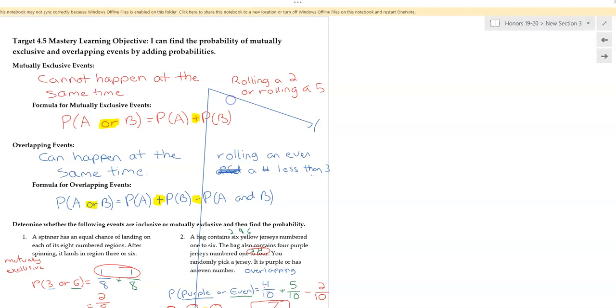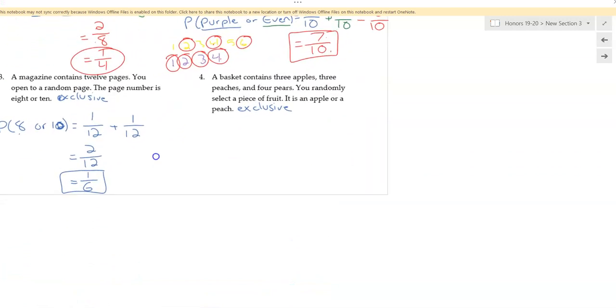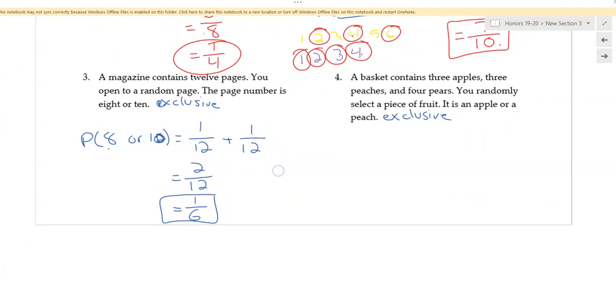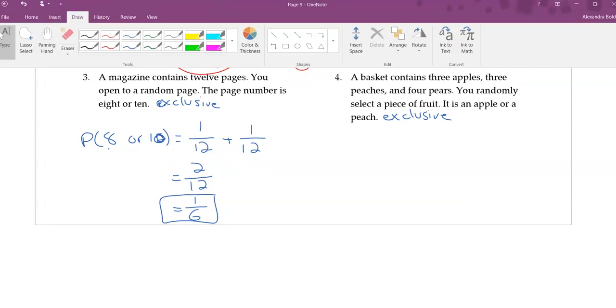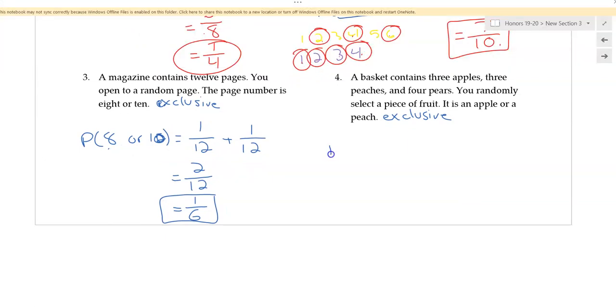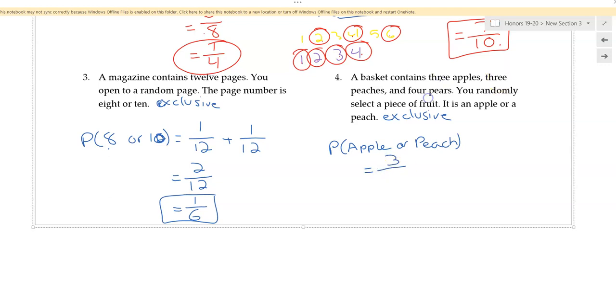So the probability of apple or peach equals, well, there's 3 apples out of 3 plus 3 is 6 plus 4 is 10.